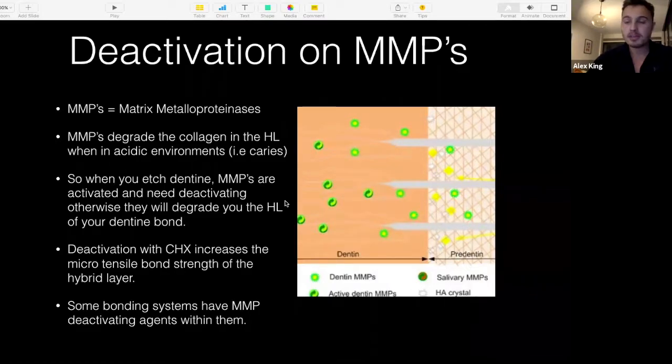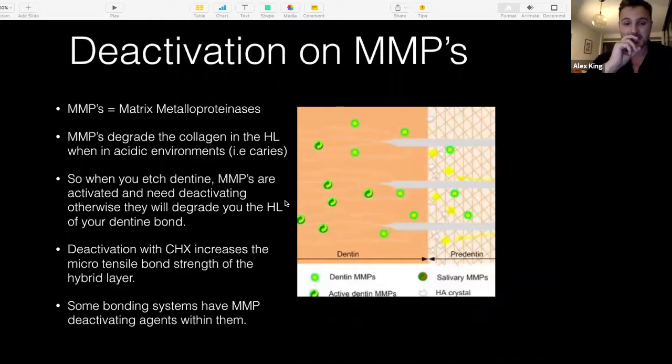And MMPs actually degrade collagen, and they are activated by acidic environments. So when you have tooth decay, the bacteria's acidic environment will activate MMPs, and they will start to break down the collagen. So if you have caries there, your tooth will start to break down itself as such.